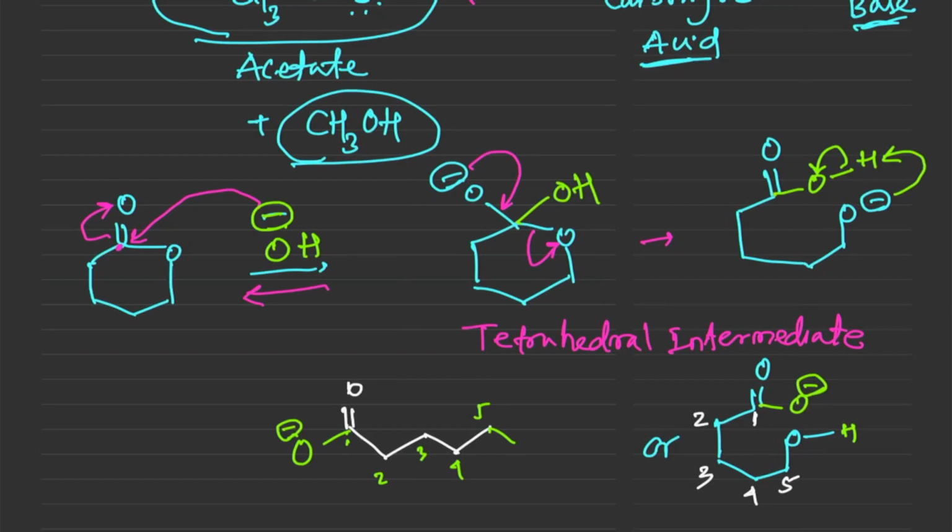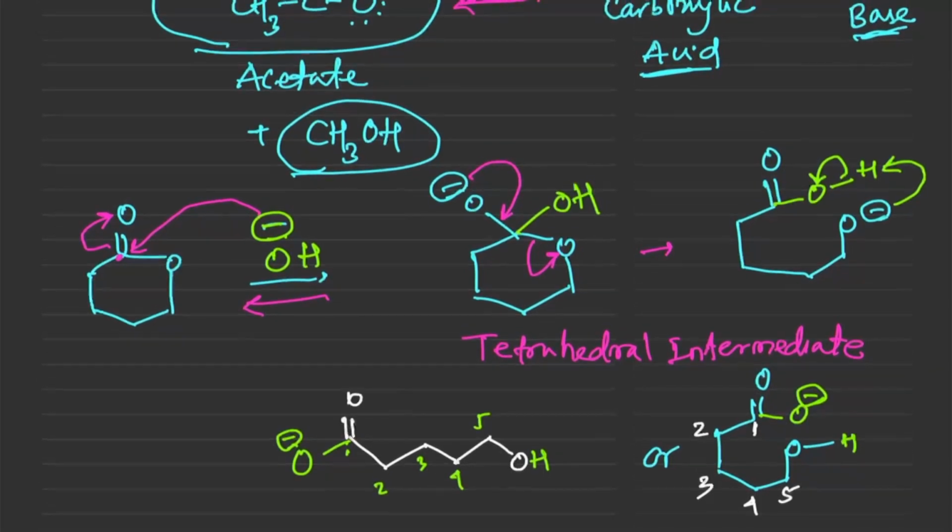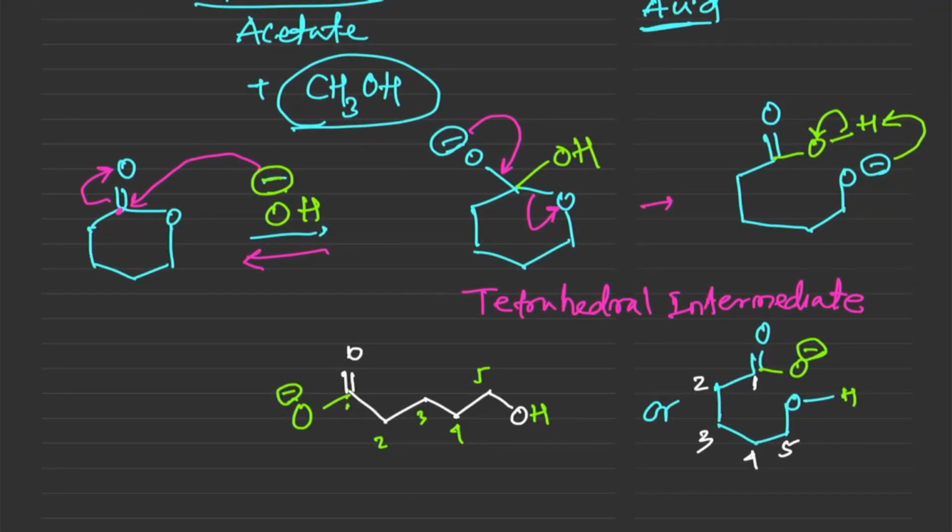So that's your O and H. The reason it gets deprotonated is because the pKa of alcohol is close to 16 and the pKa of carboxylate is close to 4. So the reaction always favors the weaker acid.